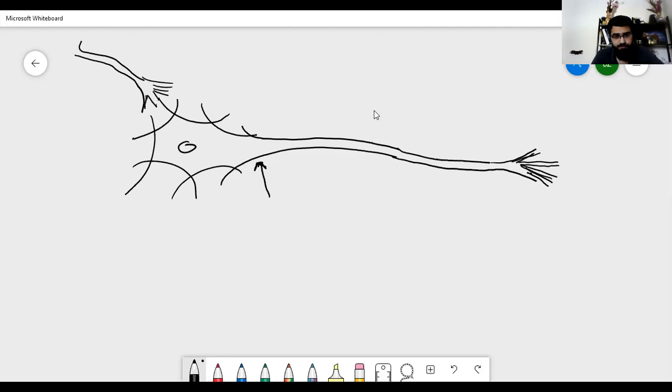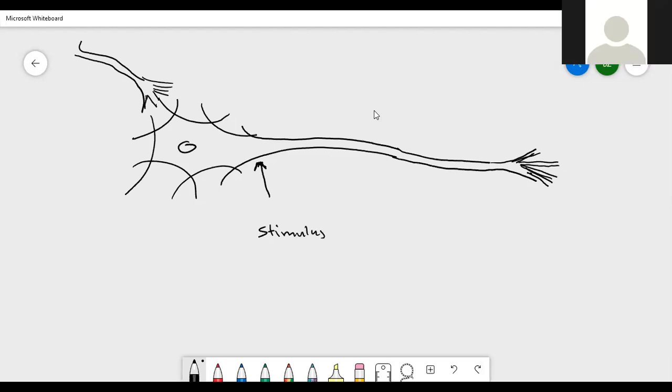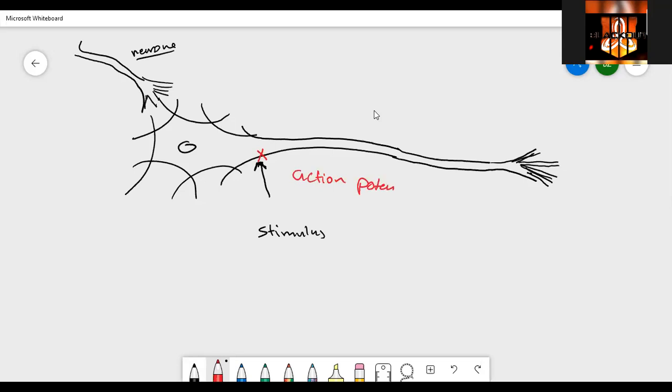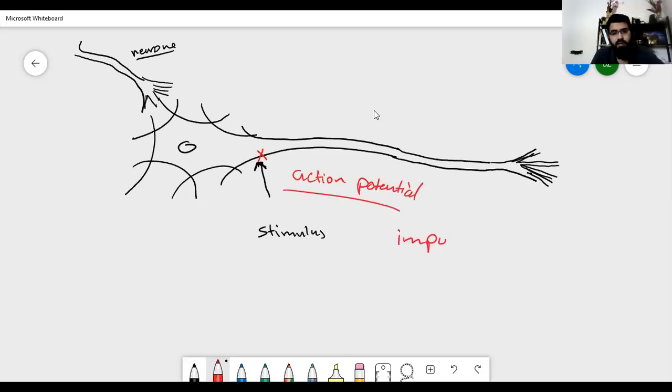So a stimulus or another neuron can affect or trigger this neuron. We say the stimulus makes an action potential at this point. And the action potential actually is the impulse, the message in different words.